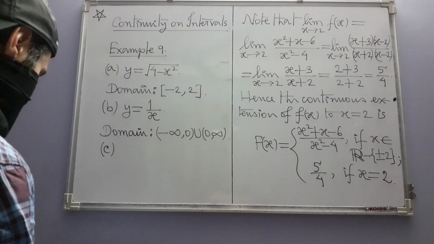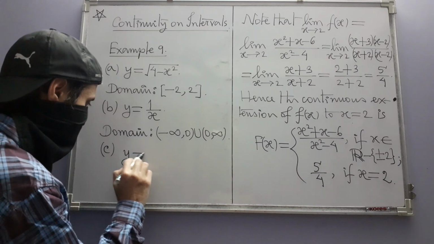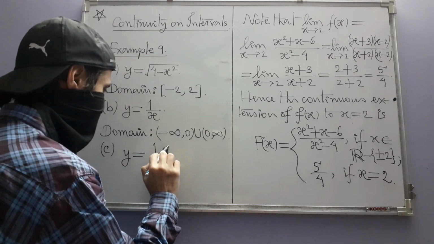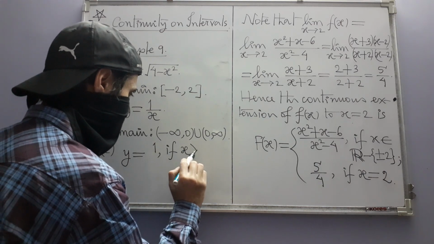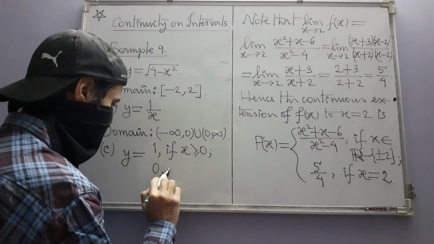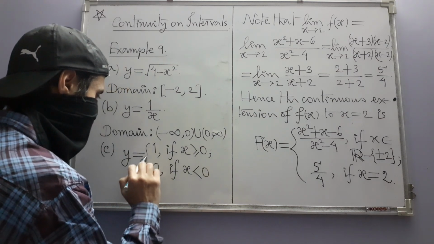However, this next one, the unit step function, fails to be so. It is equal to 1 if x is non-negative and 0 if x is negative.